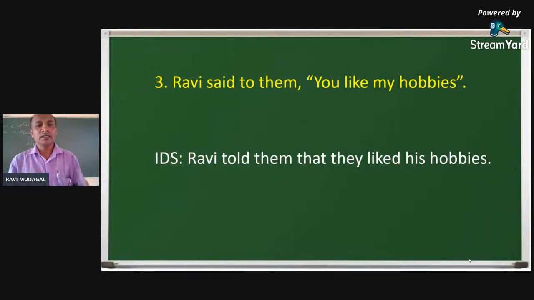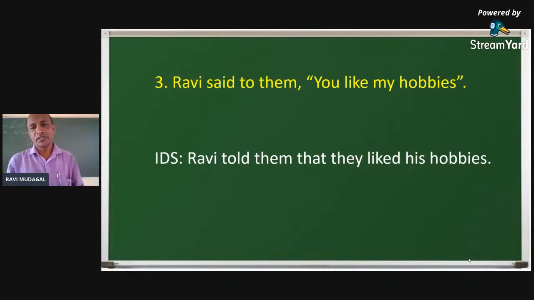The reporting verb is in past tense, said to. Said is the reporting verb. Then "you like my hobbies" is the reported speech. The reported speech is in simple present tense, because like is in present tense.